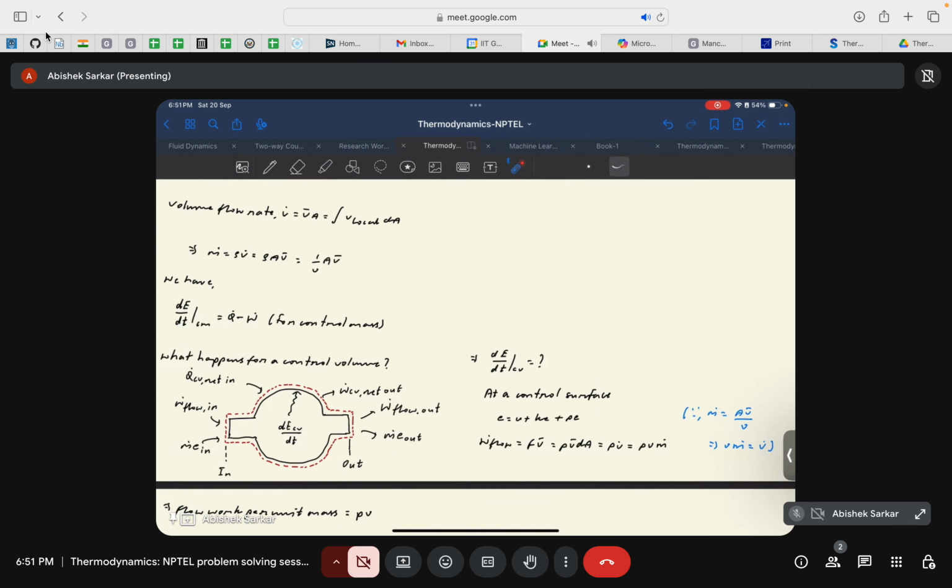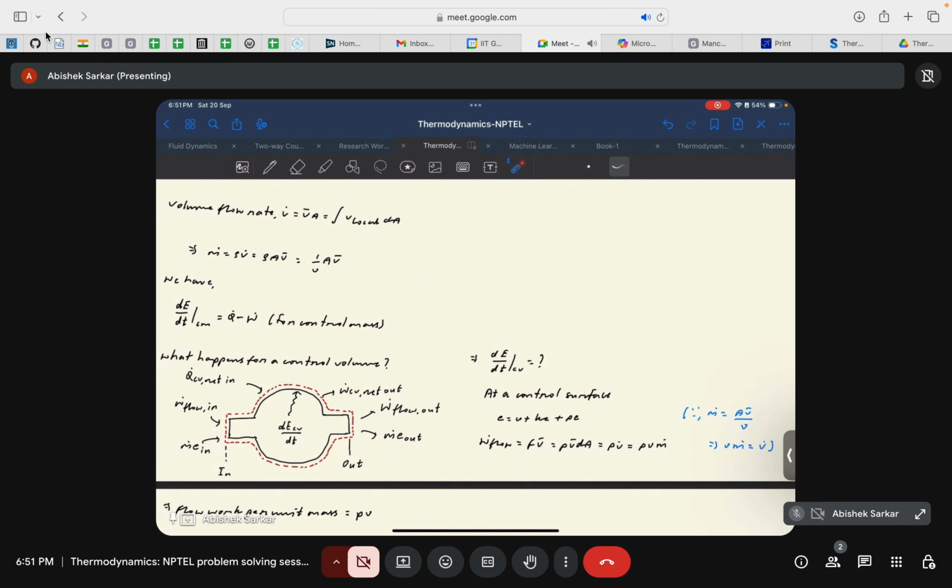Similarly, the energy equation for a control mass can simply be given as dE/dt of the control mass equal to Q dot minus W dot, for a control mass where there is no flow occurring. But if we take a control volume, where the volume is specified, which may be deformable or rigid, but there is a certain amount of energy flux and mass flux occurring through the control volume, then we need to find the rate energy equation for the control volume.